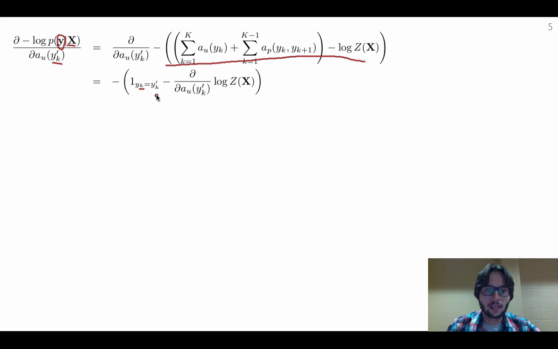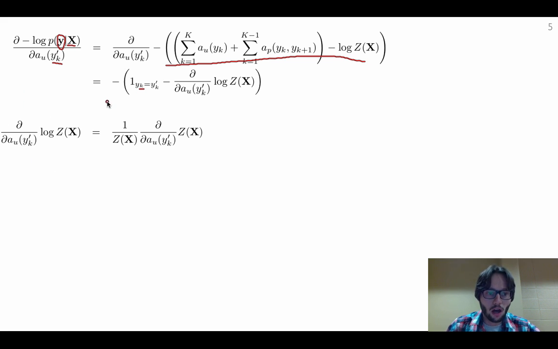And if y_k is equal to y'_k, then we'll have exactly the same term. So the derivative of that is going to be 1. Otherwise, it's going to be 0. And then minus the derivative of the log partition function. So we'll just apply the derivative to this minus the derivative of that. So let's do that specific term, the derivative of the log partition function.